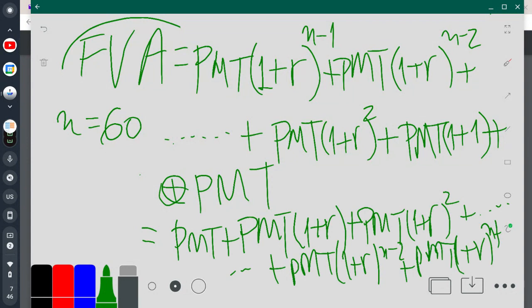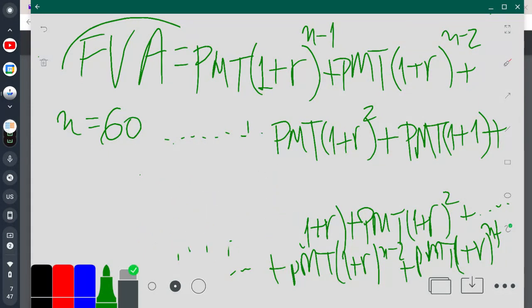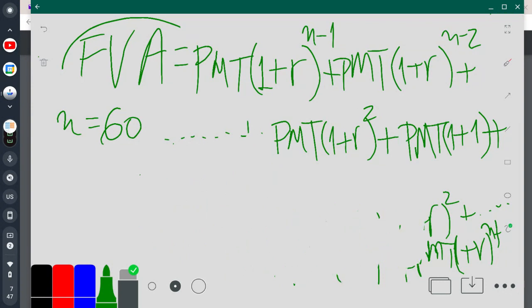Of course, this is a very tedious job. I mean, you cannot write out 60 terms like this. So a better way of writing this is, you already know, the summation sign.